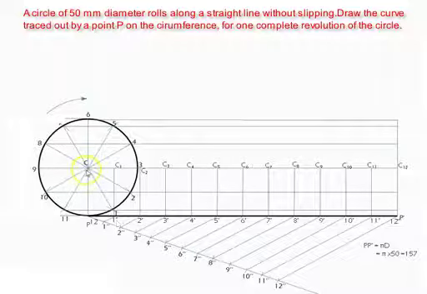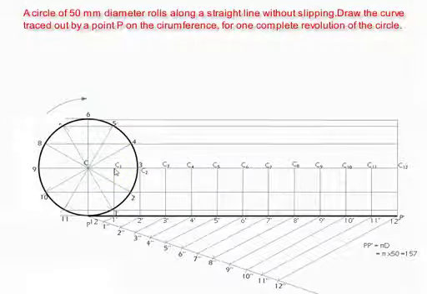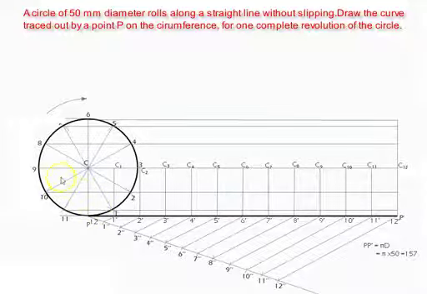That gives you the point P1. So with C1 as a center and the distance in the compass equal to the radius of the circle, which is 25 in this case, we cut the horizontal line passing through the points 11 and 1.